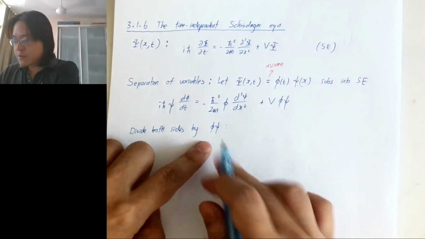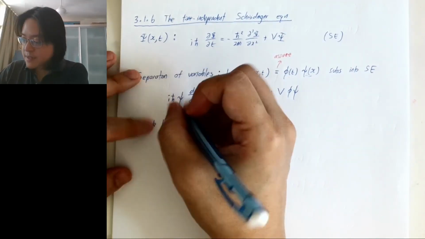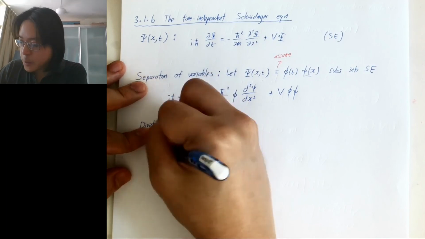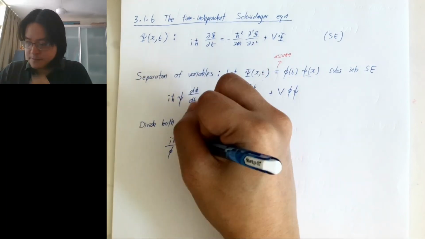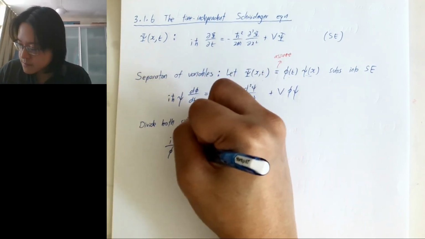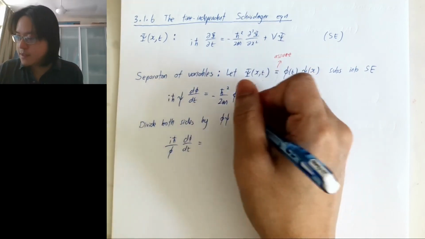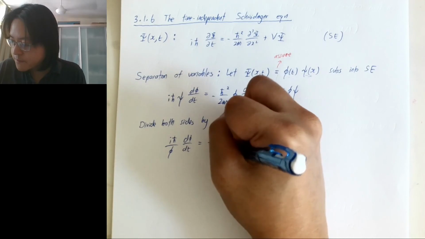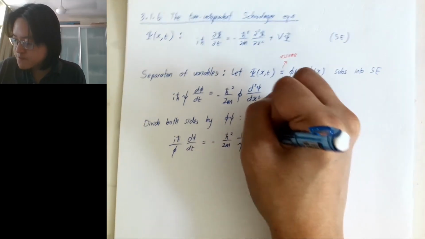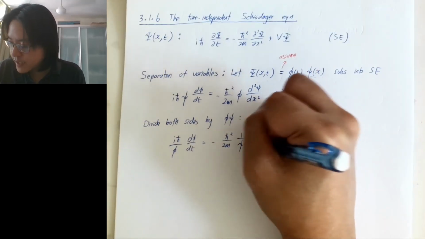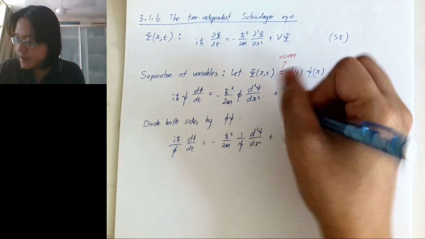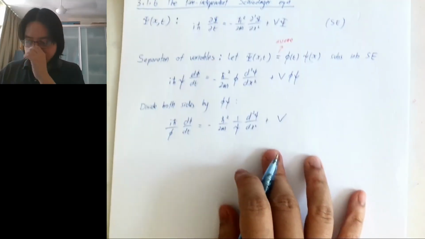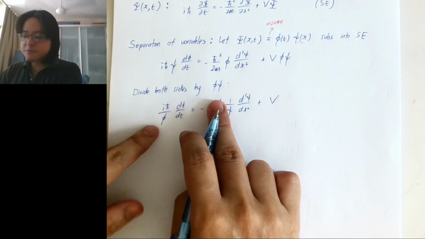So what happens is this will become i h bar over phi d phi dt equals h bar squared over 2m, this is 1 over psi d squared psi dx squared, and then divide, it will become V.